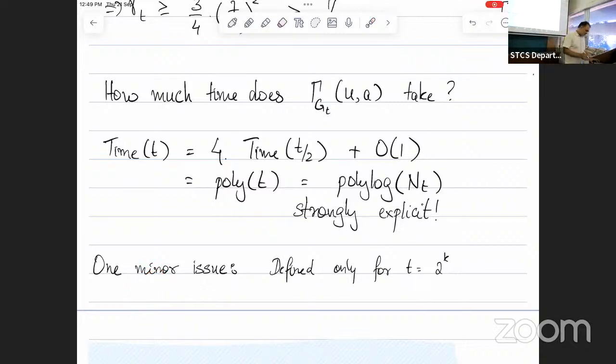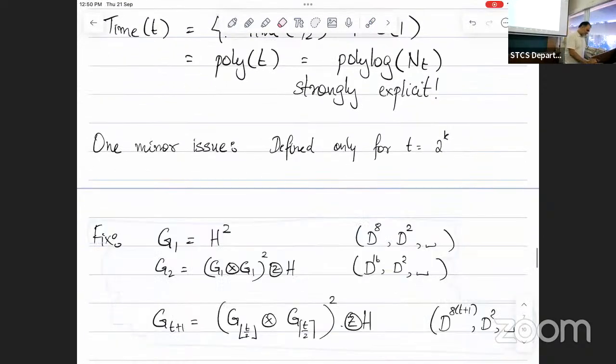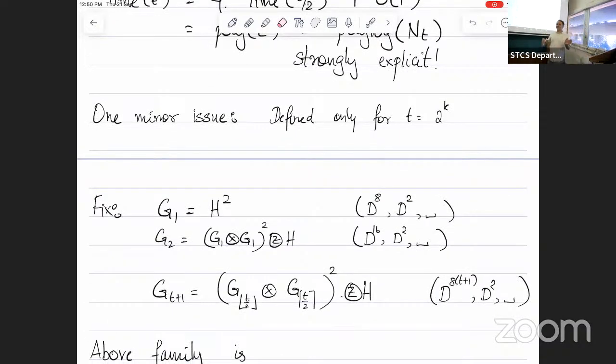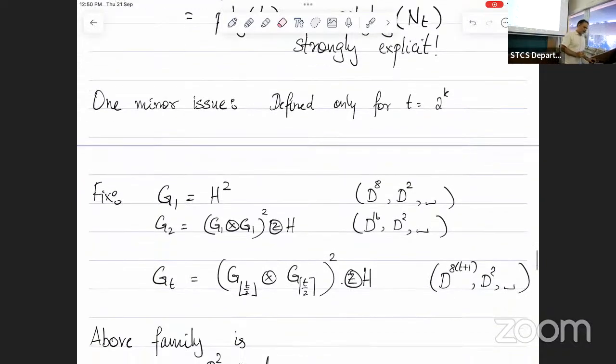Okay, and there's a simple fix, which is to use some floor and ceiling to get what you want. So you define GT to be equal to: you take the tensor product of the right things. You look at the floor of t by 2 and the ceiling of t by 2, take their tensor product, square it, and take the zigzag with H. You just need to sit and check for yourself that the compatibility works for the zigzag.